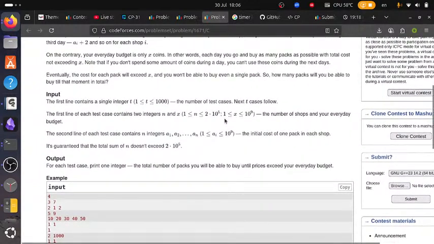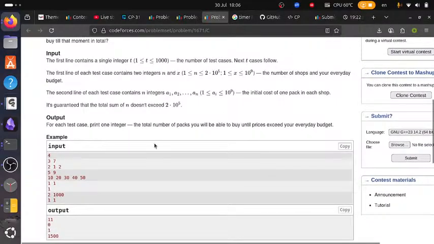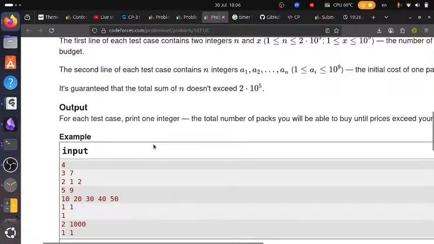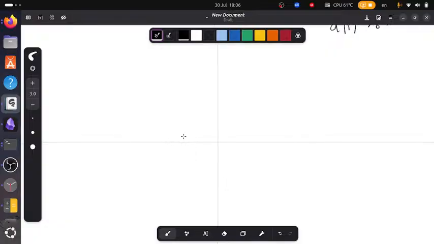So the input is the number of shops and your everyday budget. Let's see. So 3 shops and X equal to 7. So I have 7 coins each day.